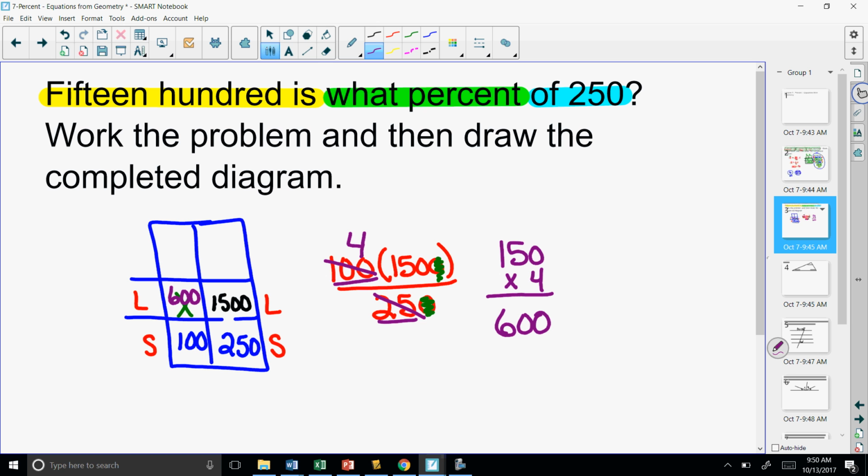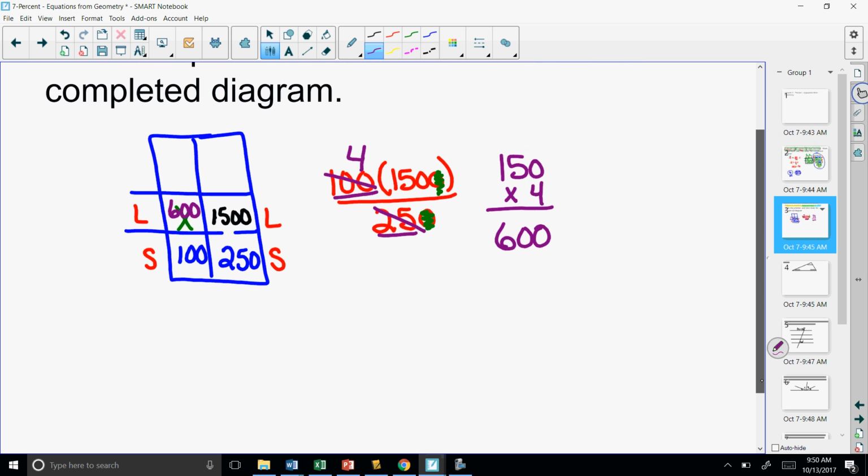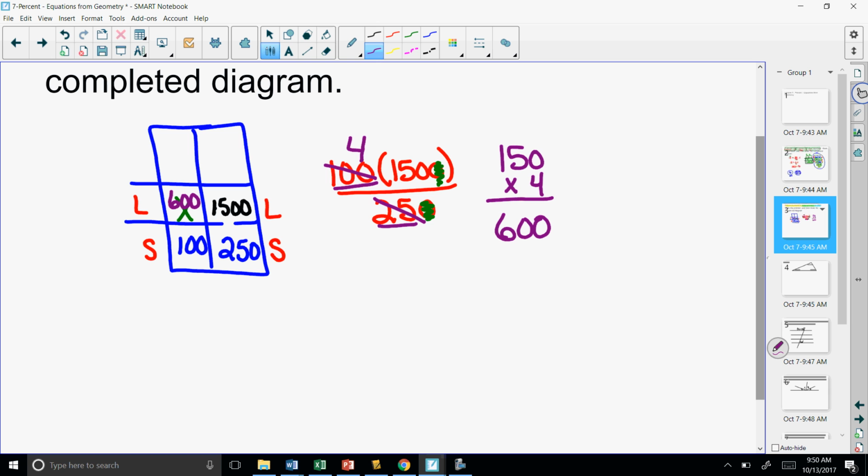Do I have to fill in that top box? You do not have to fill in the top box if your percentage is greater than 100%. And here's why. Because if I looked at the bubble diagrams that they talked about before, you always start with this 100%. What is 100%? 250. Then what happens to that?